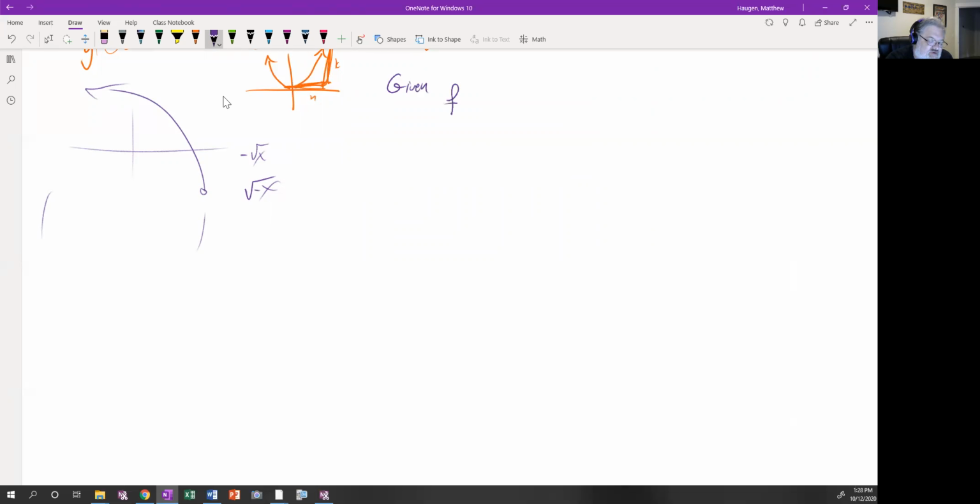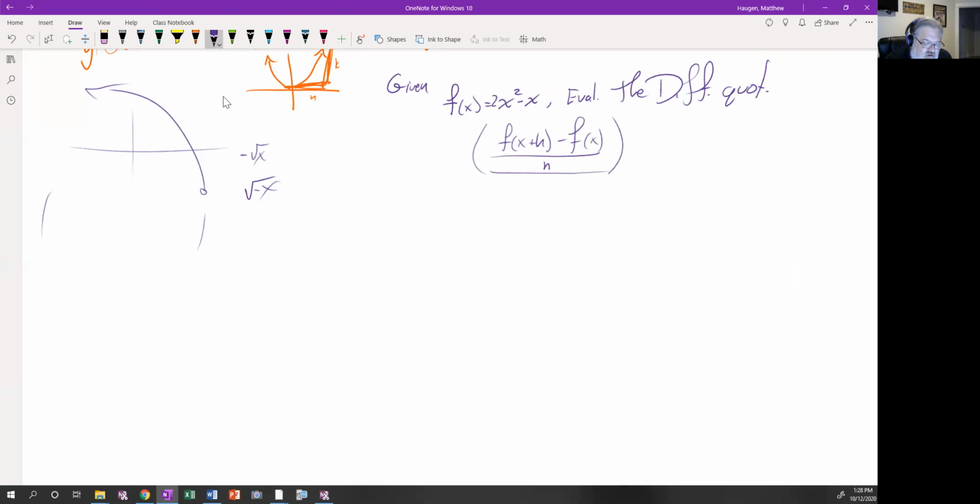So let's say, for sake of argument, somebody gave you a function, say 2x squared minus x, and said, evaluate the difference quotient, and even reminded you what the difference quotient was, and then gave you a whole bunch of space to do that in.